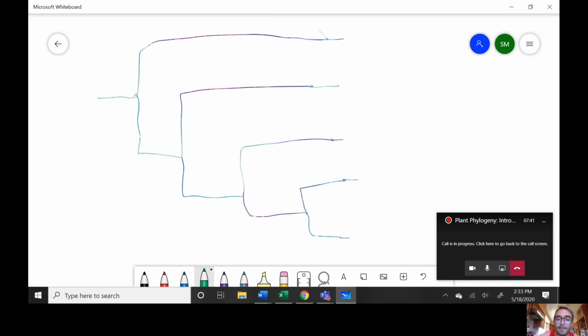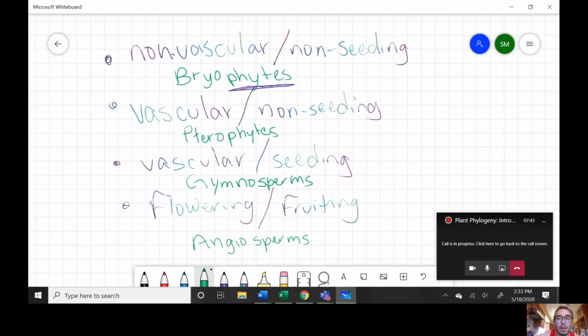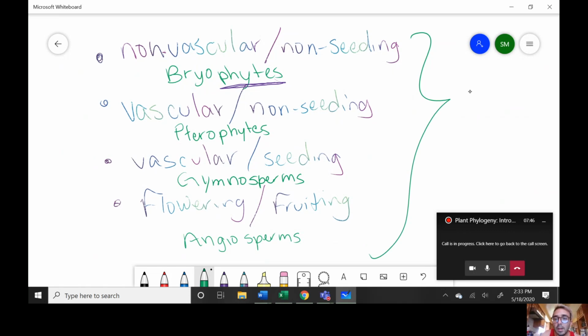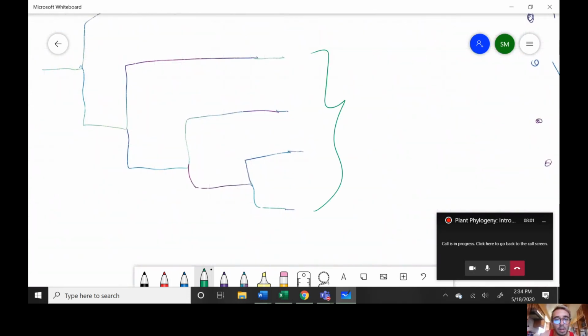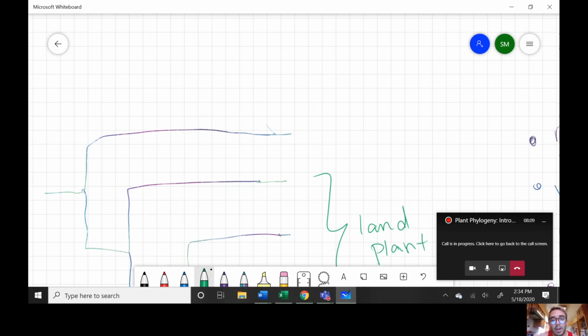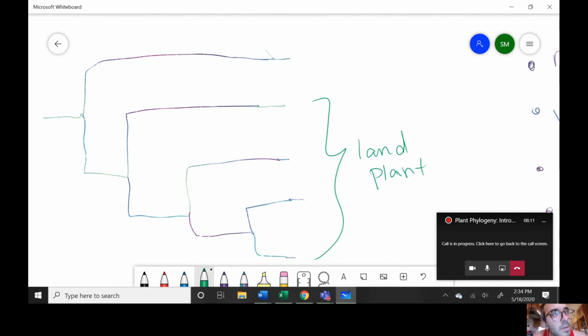And all of these right here, these are land plants. So any plant that you find on land, they fall into one of these categories. So if 4 of those are land plants, well, life derived from the ocean, right? So these would be our aquatic plants.